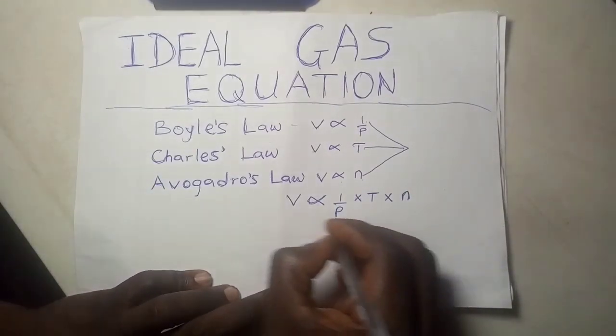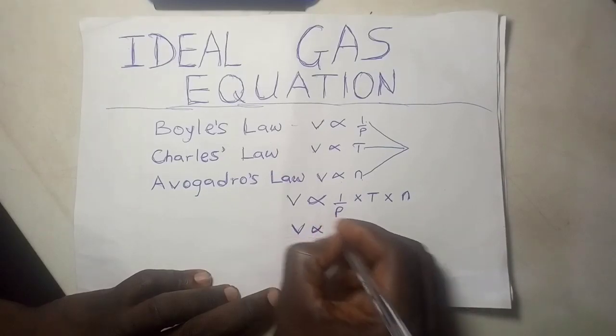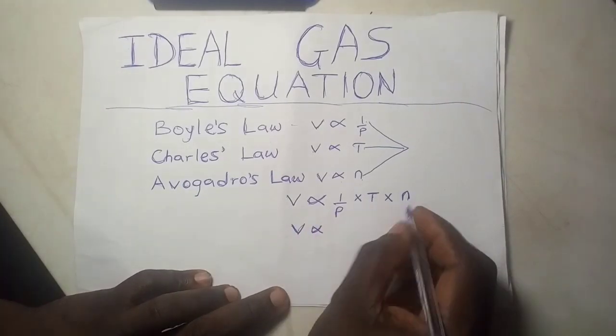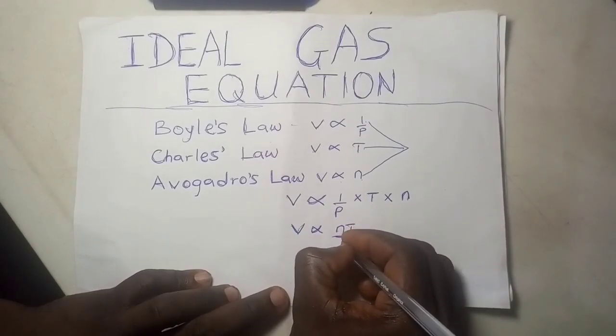Okay, that means this will lead you to V is proportional to NT over P.